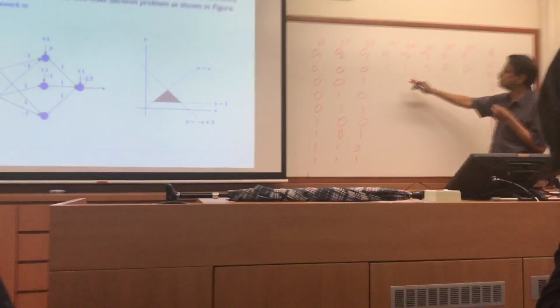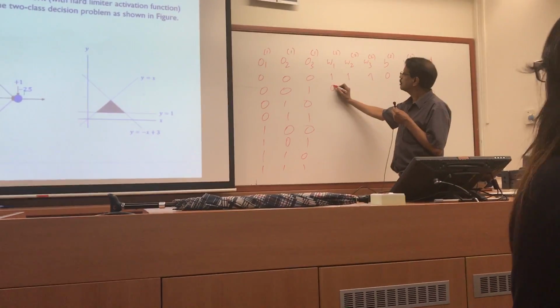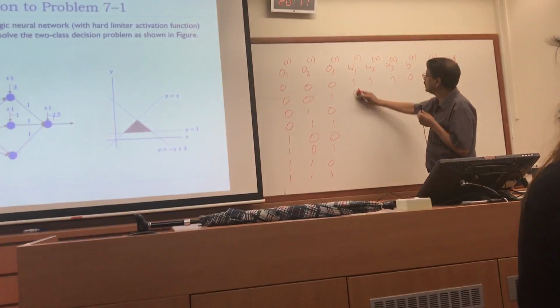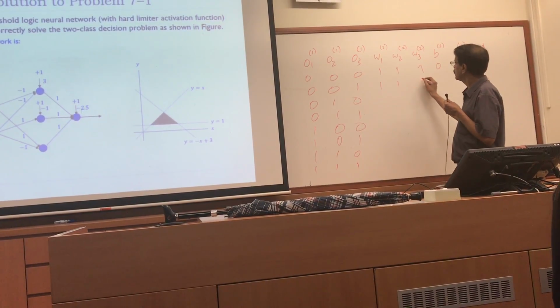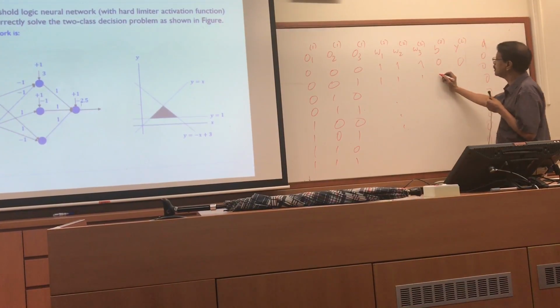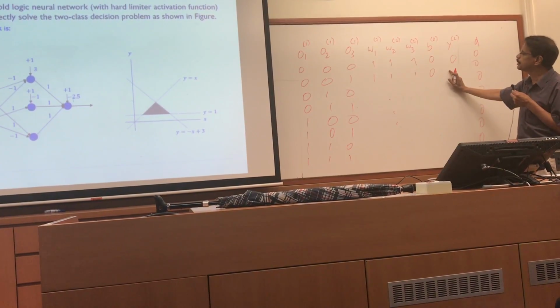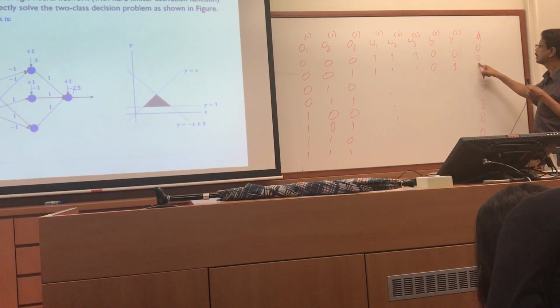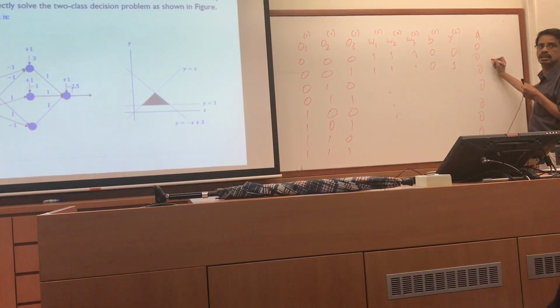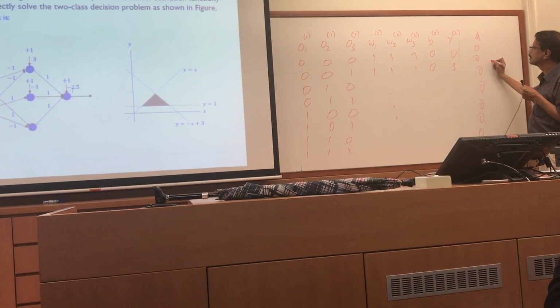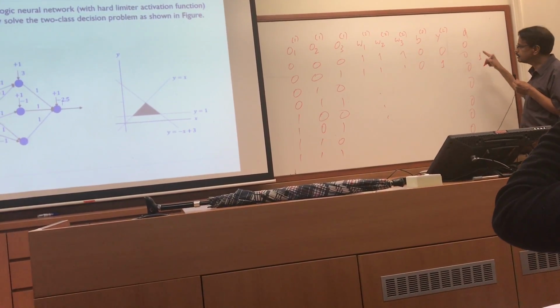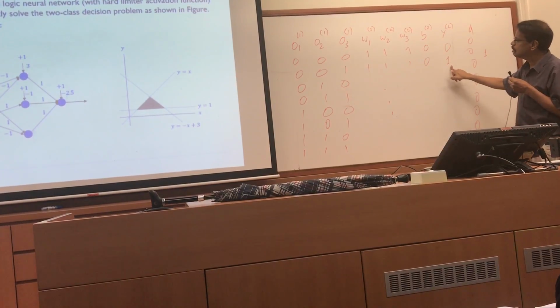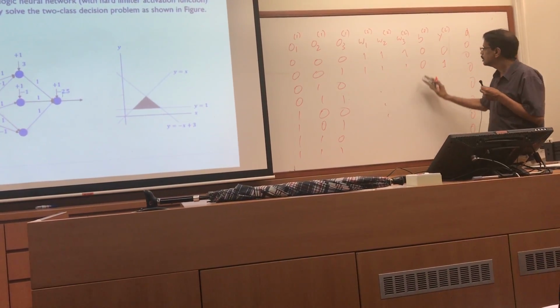But now here, weight is again say 1, 1, 1. Everywhere weight is the same. So here bias is 0. What is the output here? 1. Then what do you get here? You get 1, which is wrong.